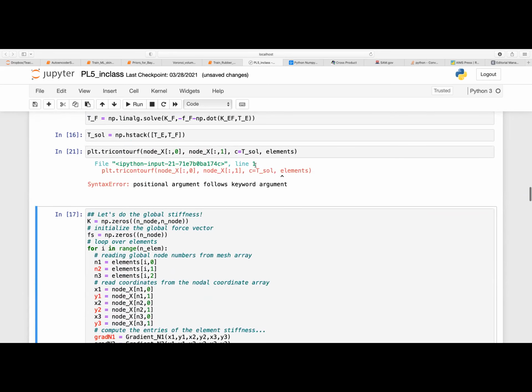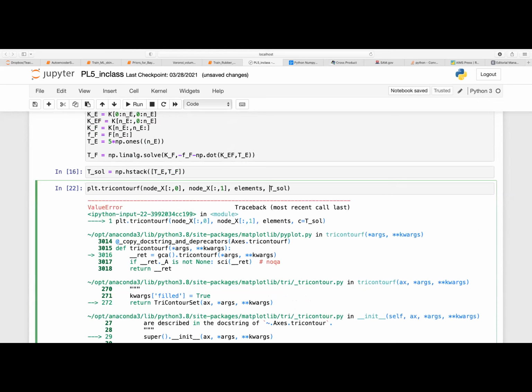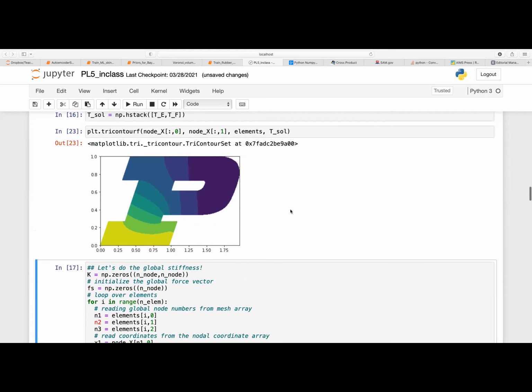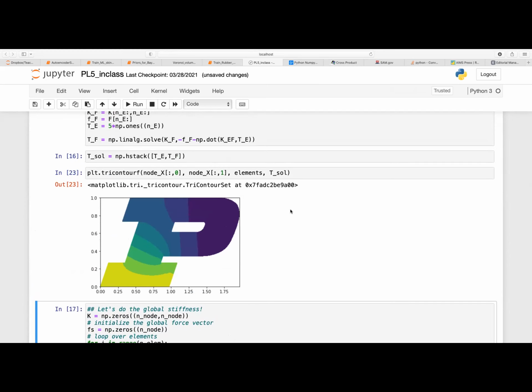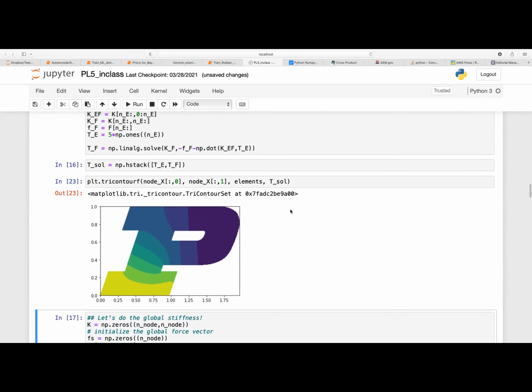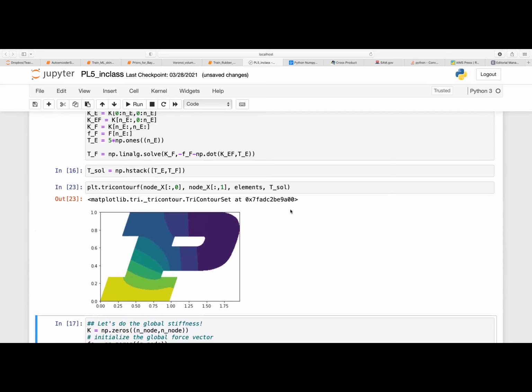Maybe like that. If only I remember. ChatGPT, where are you? Oh, there we go. Trial and error. Okay, so this is the solution. So tree contour, and then the T-sol just has to be at the end.